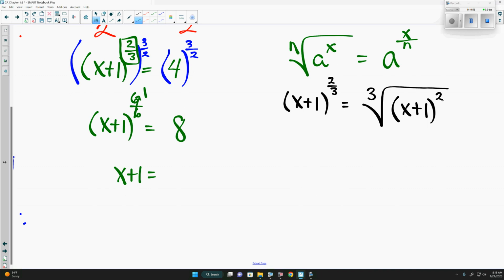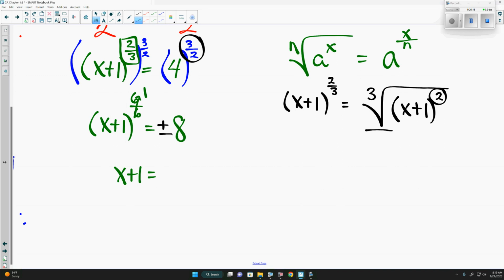So when I apply the 3/2 power, we're cubing it to get rid of the radical and then taking the square root of it to get rid of the power of 2, which means we have the plus or minus case.